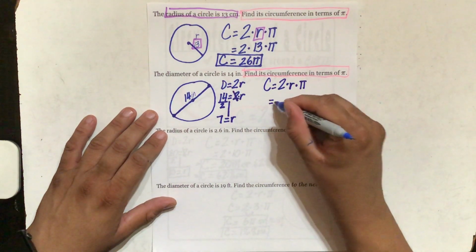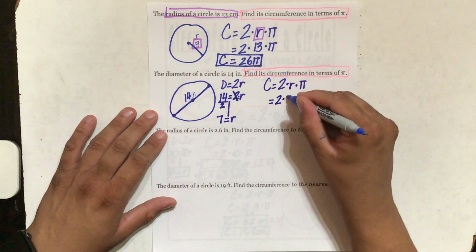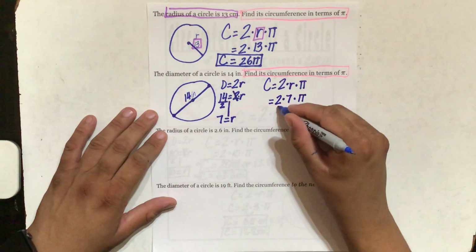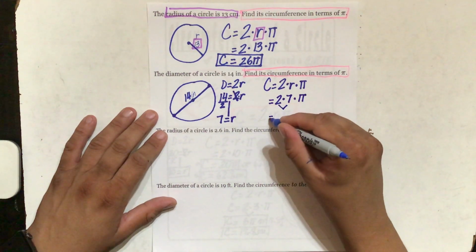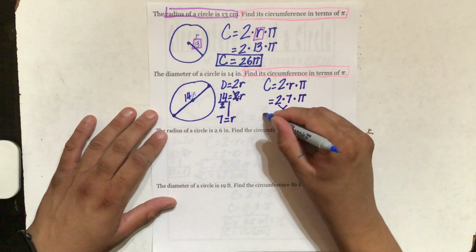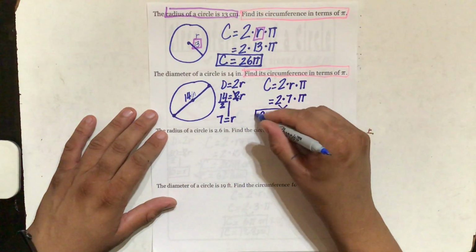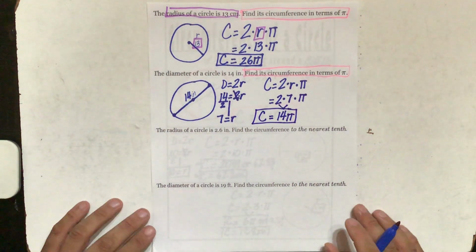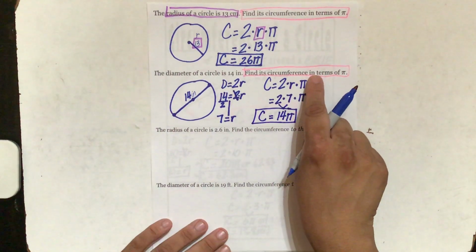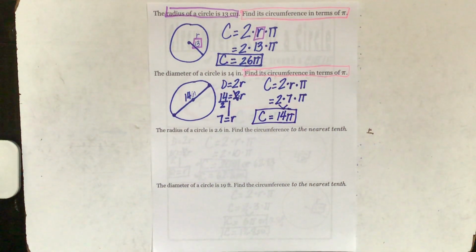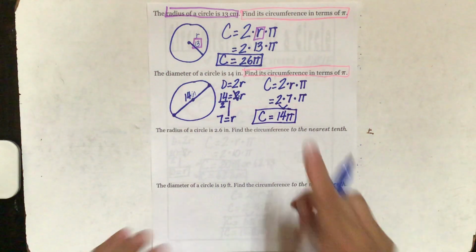So I'm going to say 2 times 7 times pi. 2 times 7 is equal to 14. And I bring down my pi. C is equal to 14 pi. I do not multiply pi because this one is asking me in terms of pi. Leave the pi in the answer, 14 pi.